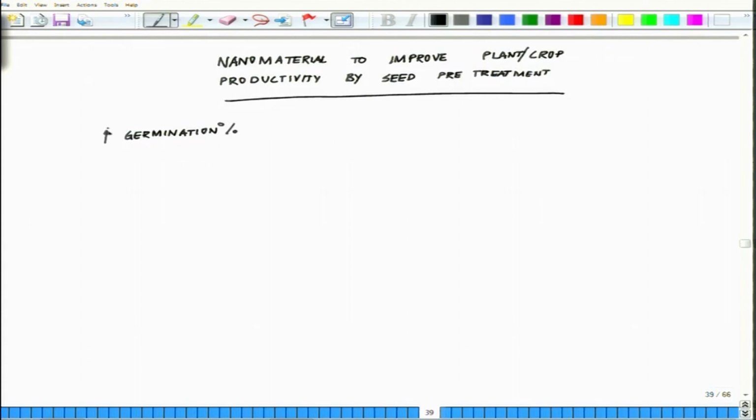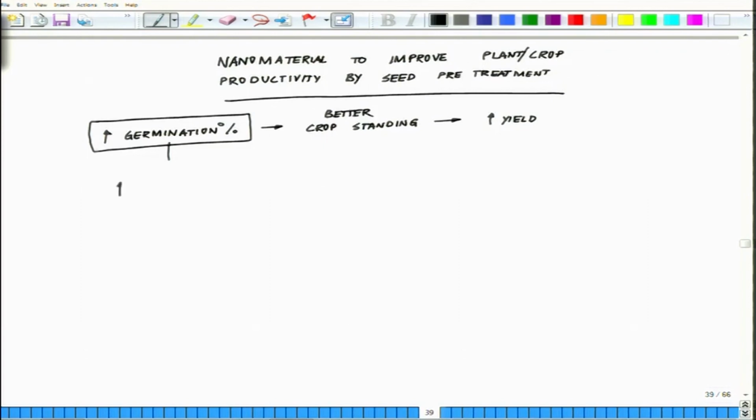The higher the germination, the better the crop standing, and in all likelihood, if all the parameters remain good, the higher the yield. So, this critical part is extremely important, and farmers have been working to enhance germination. They treat the seeds with different kinds of things.